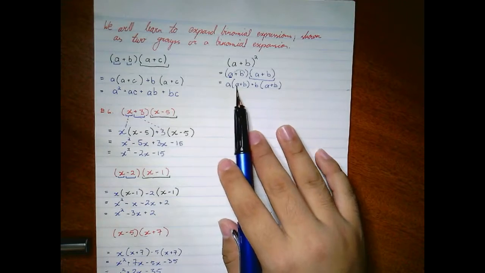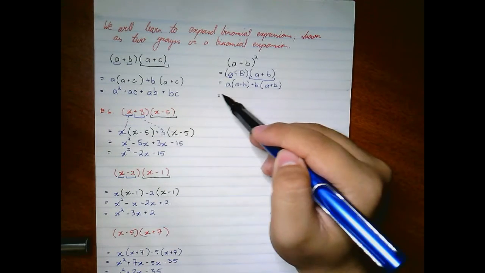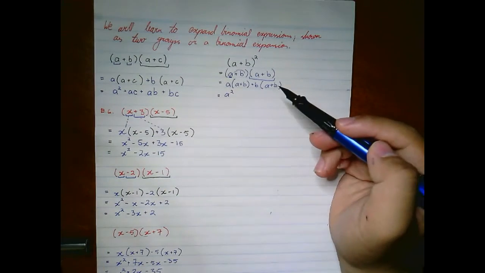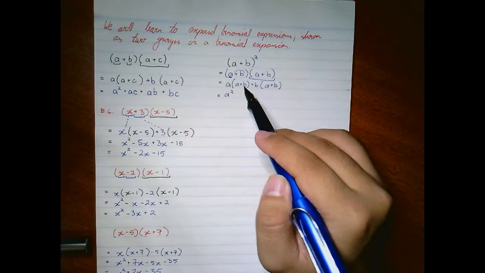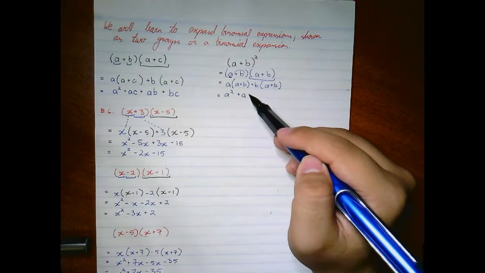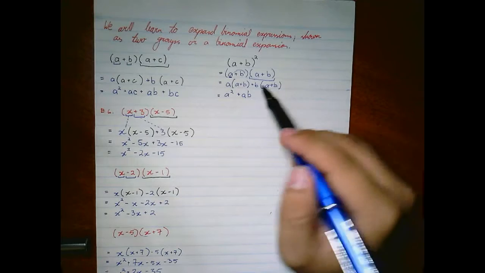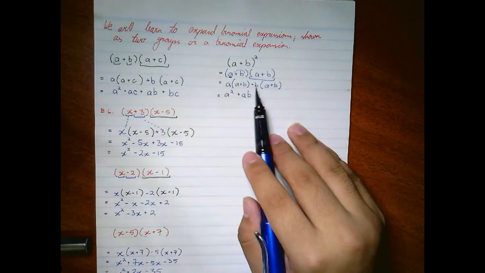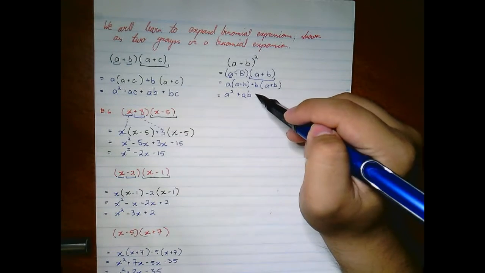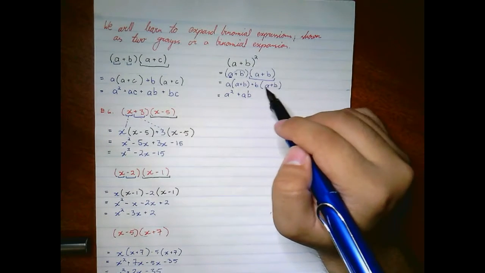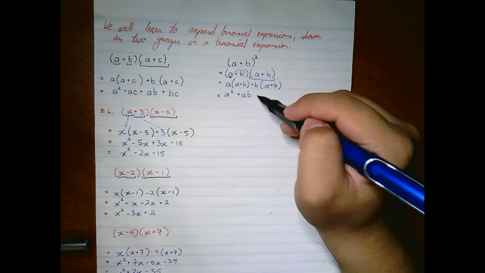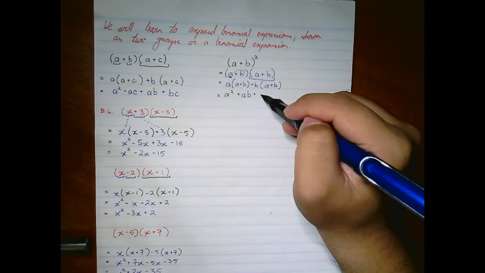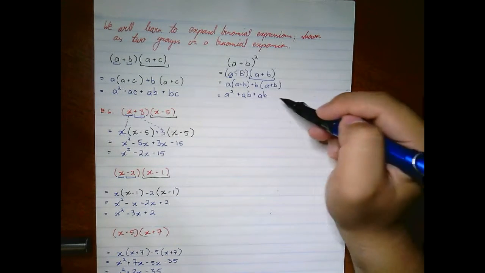So we get a times a is a squared. A times b is ab. We're done with this group. B times a is ab. Remember, b times a is ba or ab in alphabetical order. That's ab.